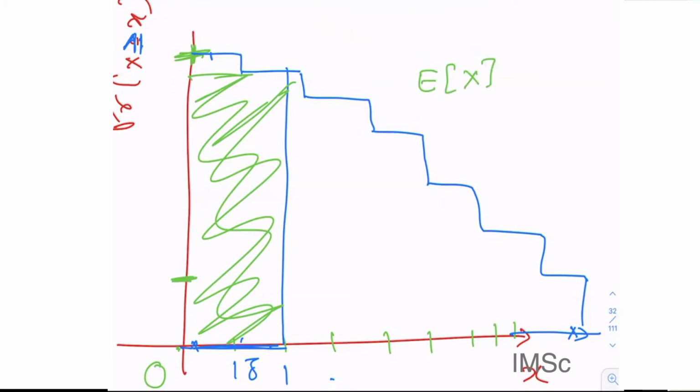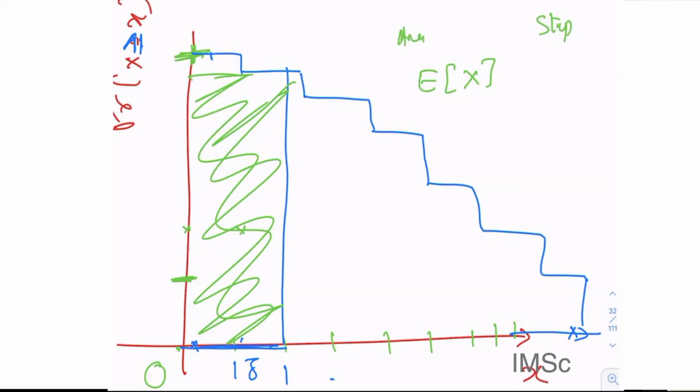What are the possible values the random variable takes, and given this, what is the probability? If I ask the probability that X is greater than or equal to Z, it will be some probability here, so you mark that point. As we go away from this, the probability only tends to decrease, so you get this staircase-like structure, and the area of this is your expectation of X.